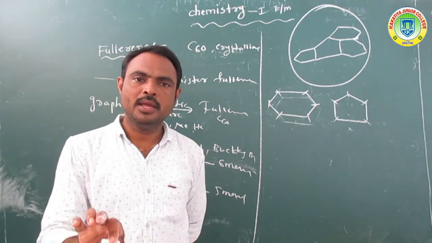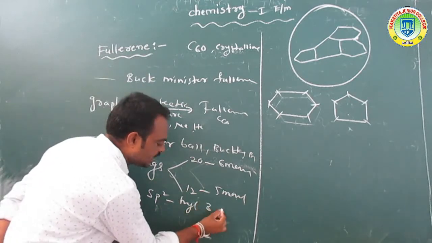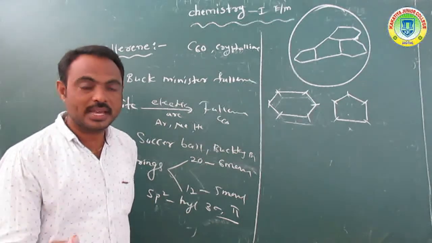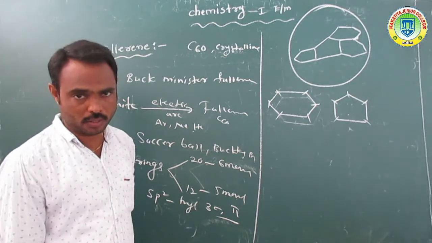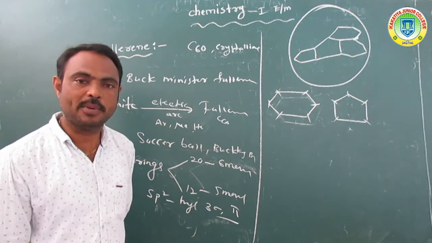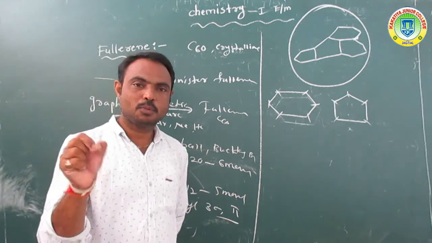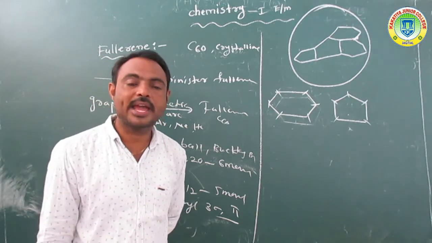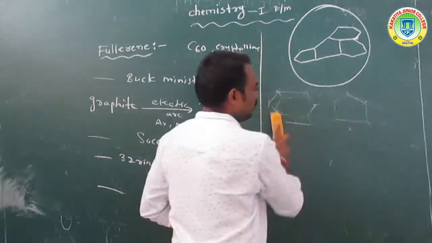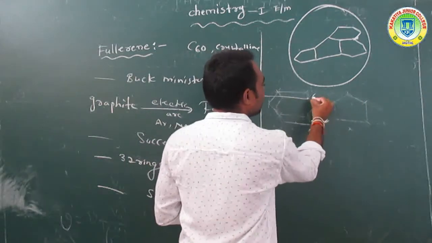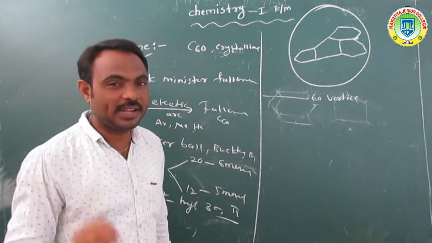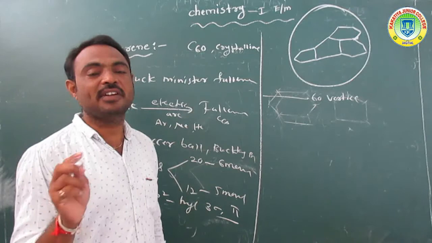So overall, in each ring there are 3 sigma bonds and 1 pi bond. So overall it contains a total of 60 vertices. How many vertices? Total 60 vertices.